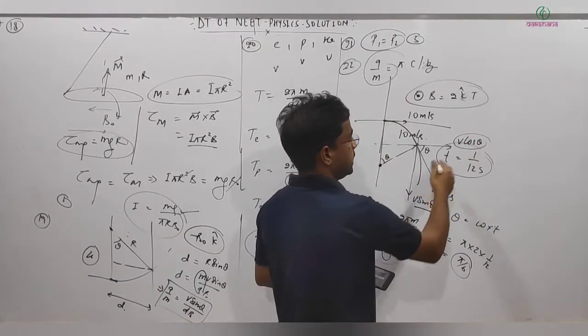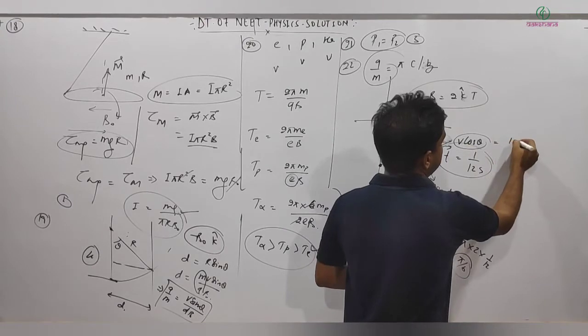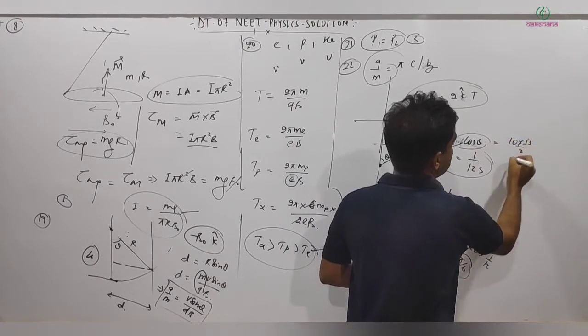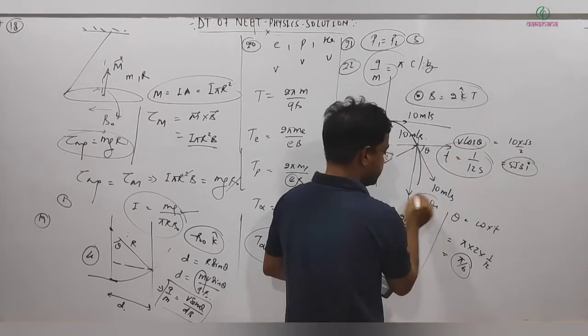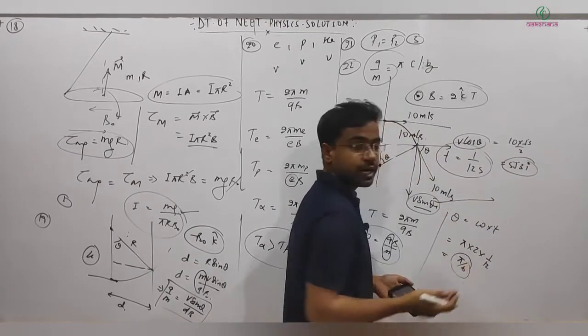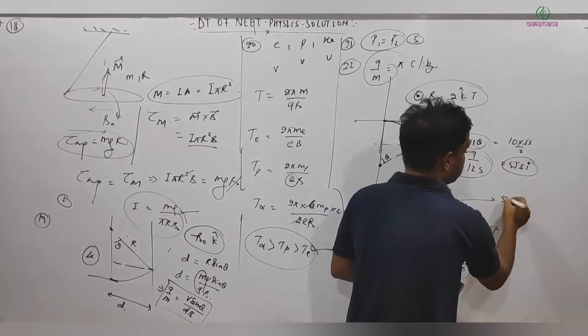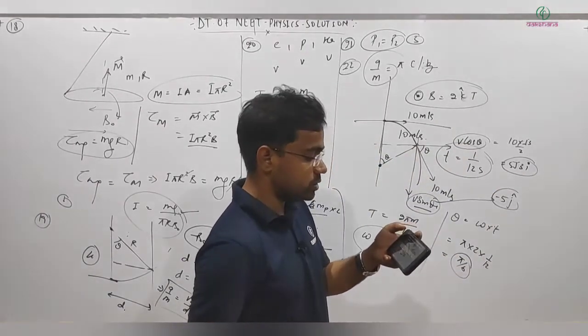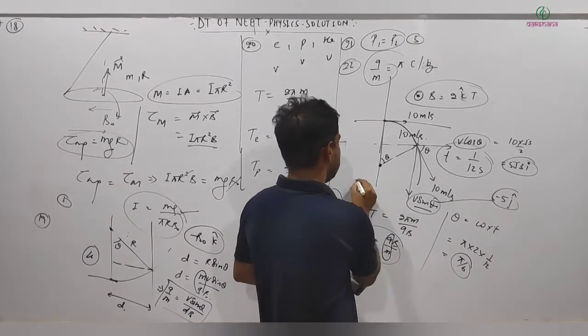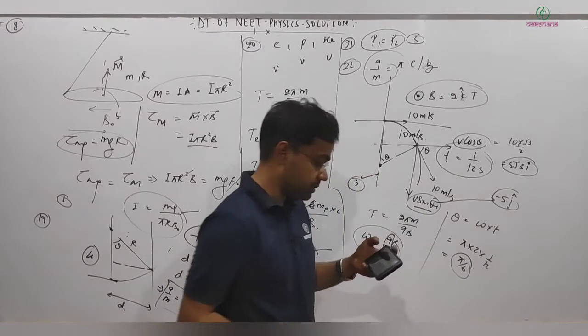So it will be 10 into root 3 by 2, that is 5 root 3 i cap, and 10 into sin 30, that is 5 in the minus j cap direction. So the velocity comes out to be 5 root 3 i cap minus 5 j cap. Third is the right option for question number 22.